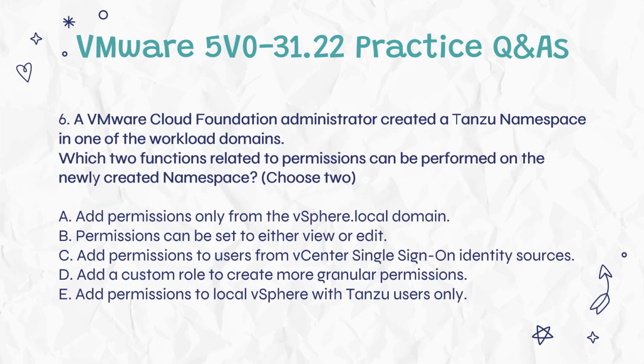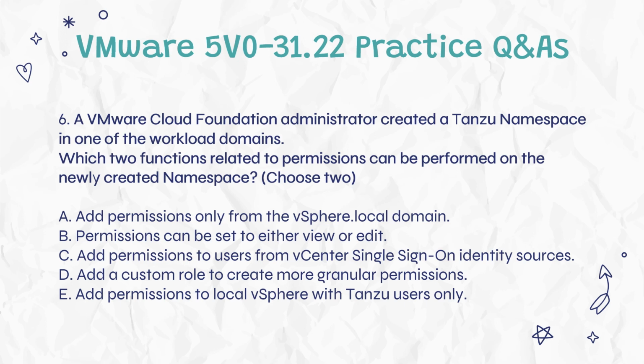6. A VMware Cloud Foundation administrator created a Tanzu namespace in one of the workload domains. Which 2 functions related to permissions can be performed on the newly created namespace? Choose 2. A. Add permissions only from the vSphere local domain.